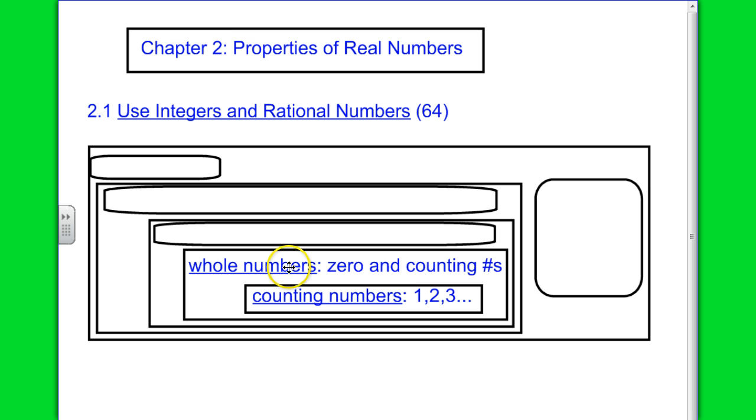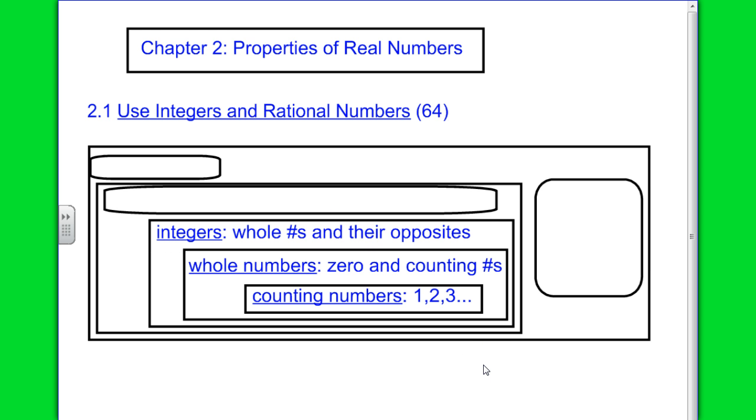Now, the next set, if we include all of those whole numbers and all of their opposites. So on that number line on the wall, we have those red numbers that are negatives. -1, -2, -3, infinitely to the negative, right? We now have a set that we don't use this word as often in the real world. It begins with I. It's a set of integers. So integers are whole feeling.